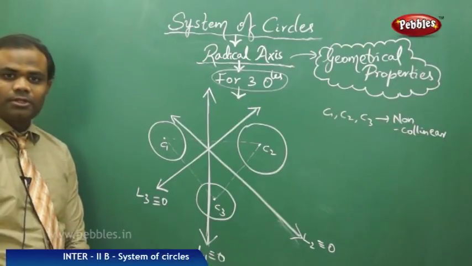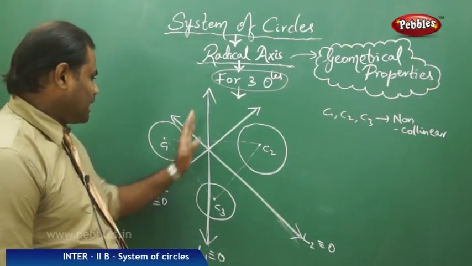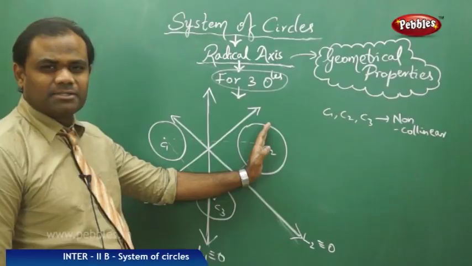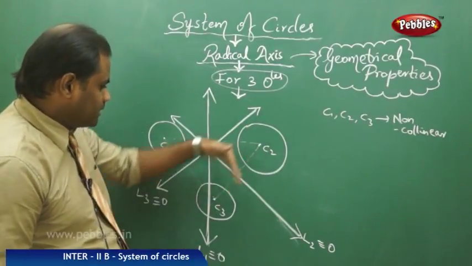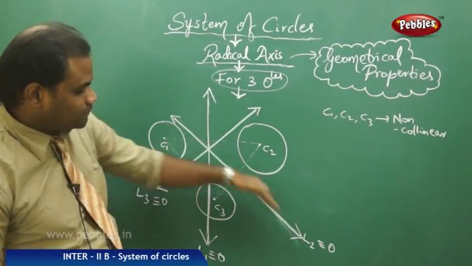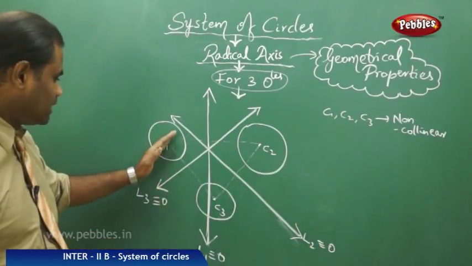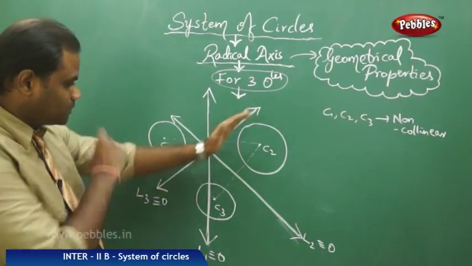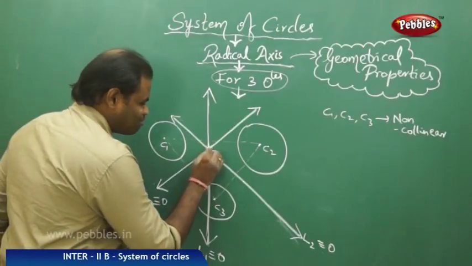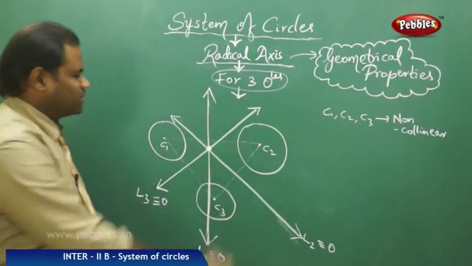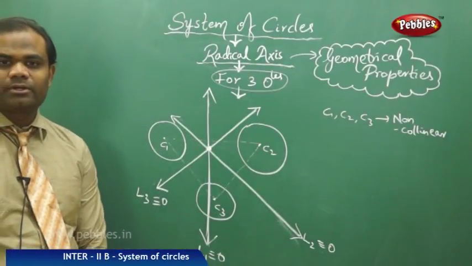The geometrical property here is that the radical axis of C1 and C2, the radical axis of C2 and C3, which is L2 equal to 0, and the radical axis of C1 and C3, which is L3 equal to 0, all pass through one point. This is a very important geometrical property.